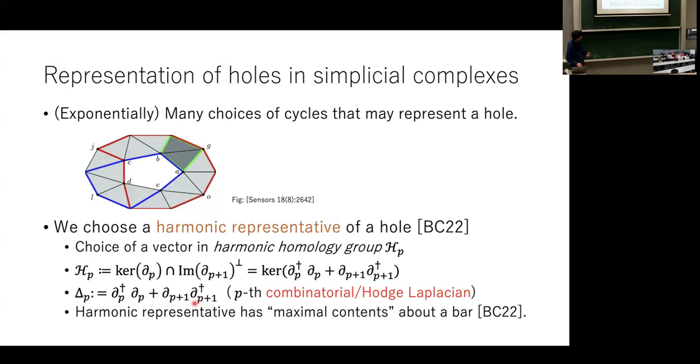I haven't talked about the inner product, but the harmonic homology subgroup is equivalent to the kernel of this operator. And it is shown that the harmonic representative has a maximum containment of the bar. I think it is a reasonable choice of representation of a hole.